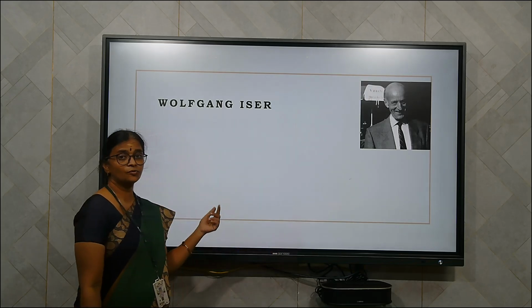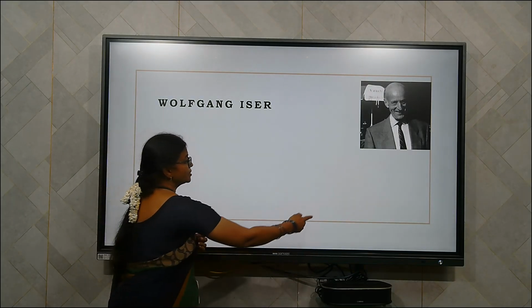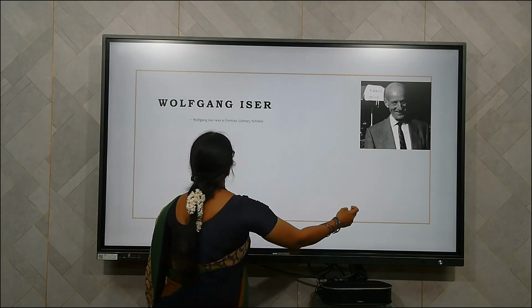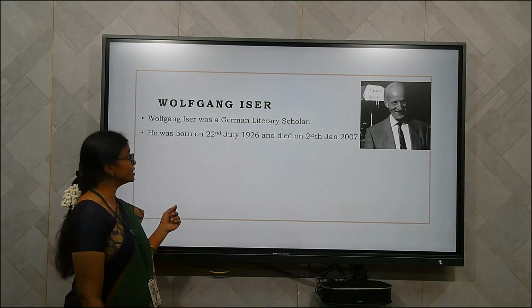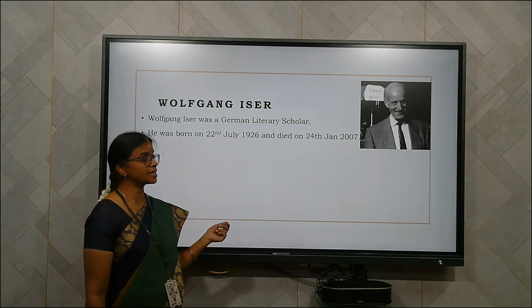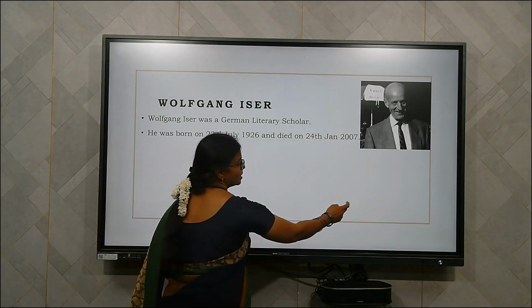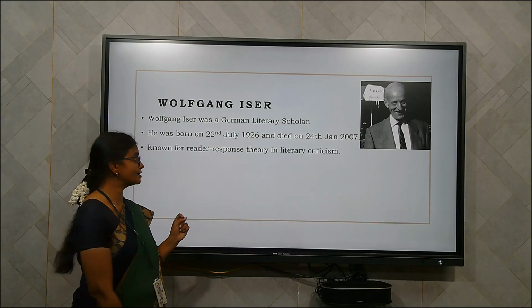So this is Wolfgang Iser. He was a German literary scholar, born on 22nd July 1926 and died on 24th January 2007. He was known for his reader response theory in literary criticism.